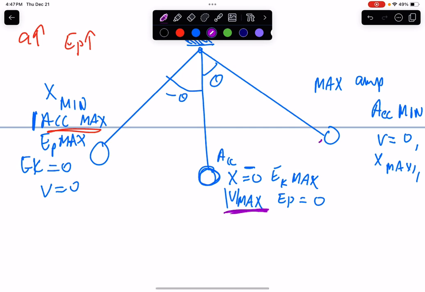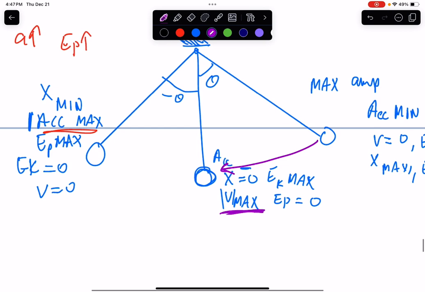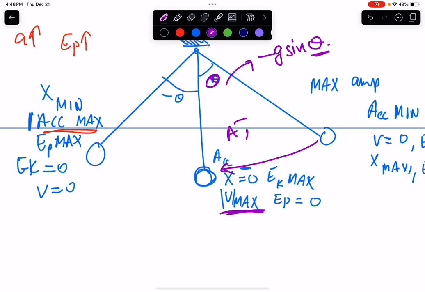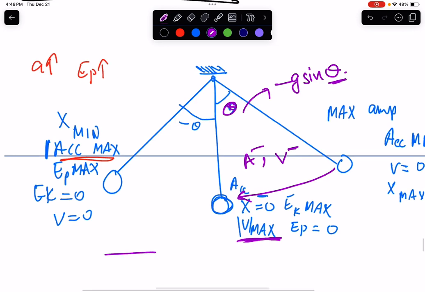Let's say the pendulum bob is going to the left. In this region theta is positive, so the acceleration is negative g sine of theta, and because theta is positive, the acceleration just becomes negative. And because the object is going to the left, the velocity is negative, because you're going in the negative x direction.